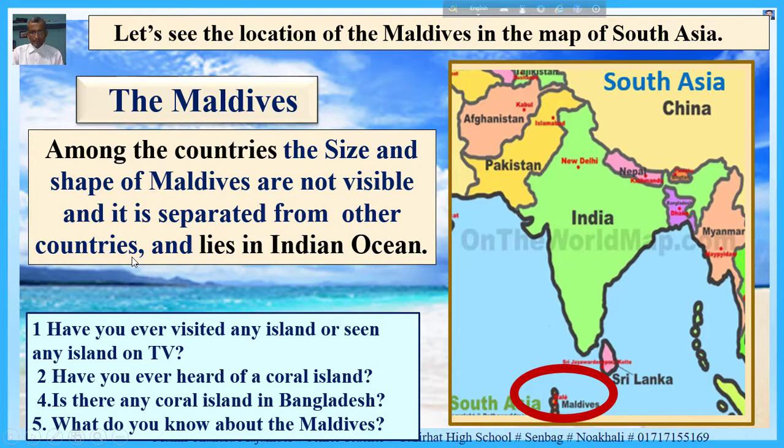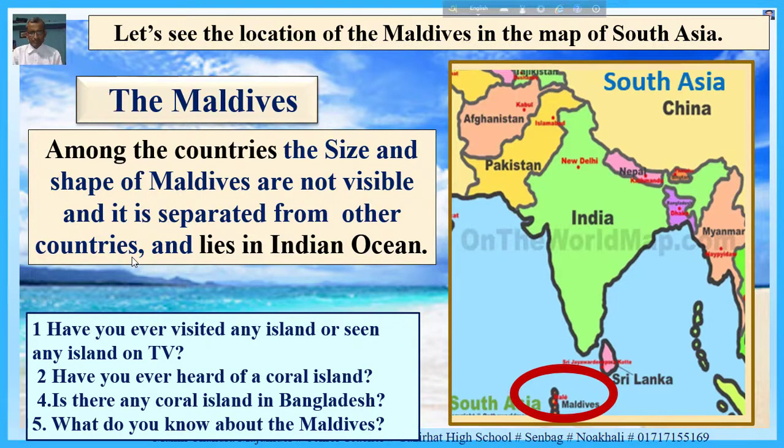Learners, have you ever visited any island or seen any island on TV? Perhaps you may reply yes or no. But I think you have seen many islands on TV. Have you ever heard of a coral island?